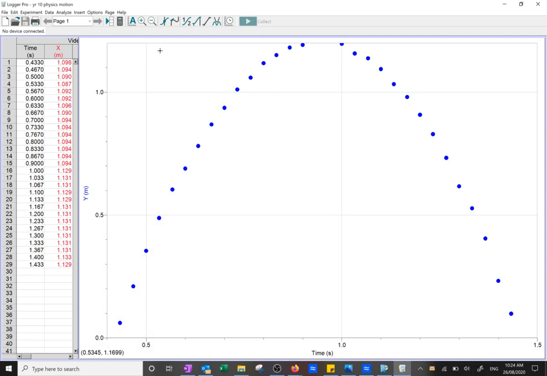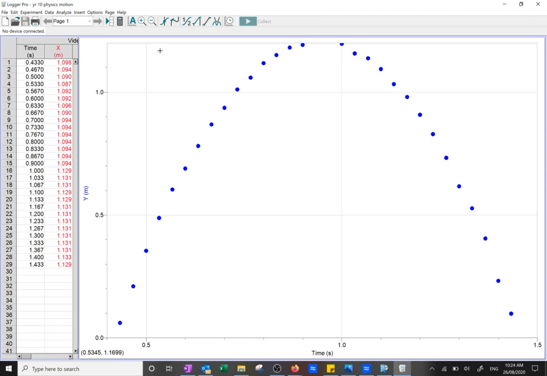Horses are exciting. I'm still screen capturing. I probably will end up giving up on the screen capture. But once you've downloaded Logger Pro, I want you to open up the .cmb file that I emailed you this morning. It's a very small file. This shows the motion of an object from 0.4 seconds into the video to 1.4 seconds. It was me with an object.